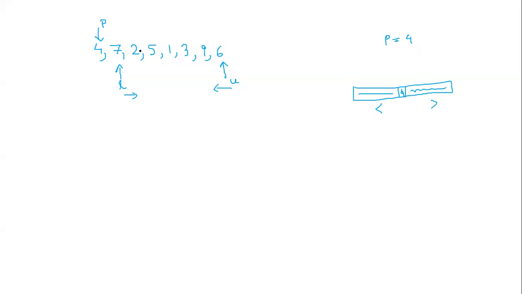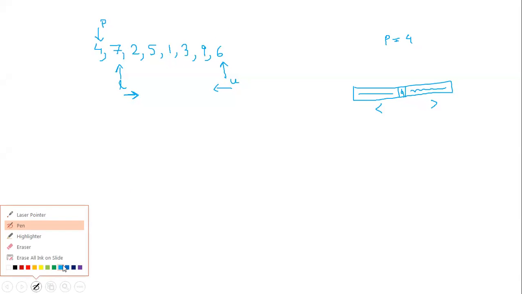That means if, when I am moving L to the right side, I get a value which is lesser than the pivot, that should not be on this side; it should be on some other side of the array.